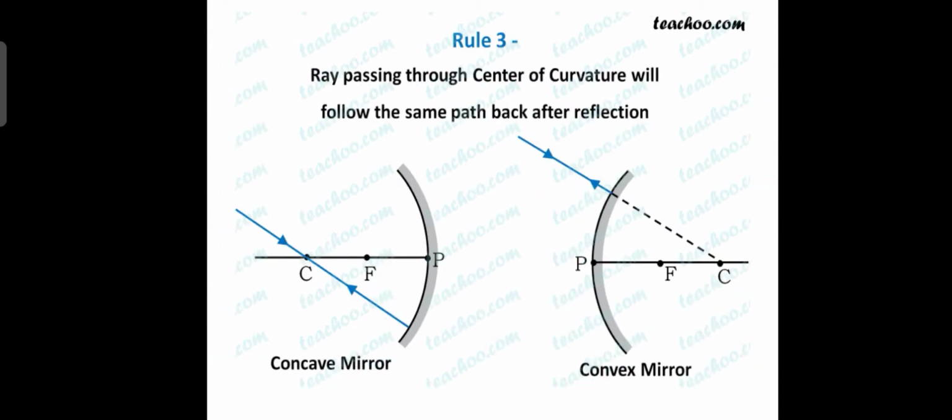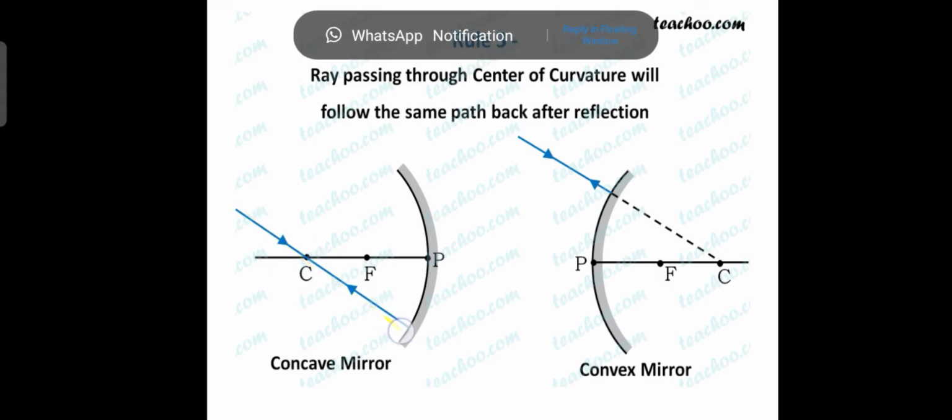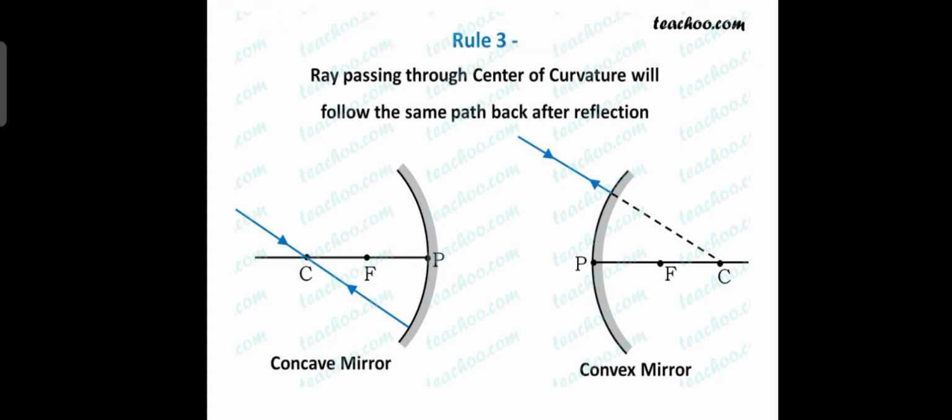Now we can move to the third rule for drawing the ray diagram. In the third rule, a ray passing through the center of curvature will follow the same path back after reflection. That means if the incident ray is passing through the center of curvature C, then it will reflect back along the same path.